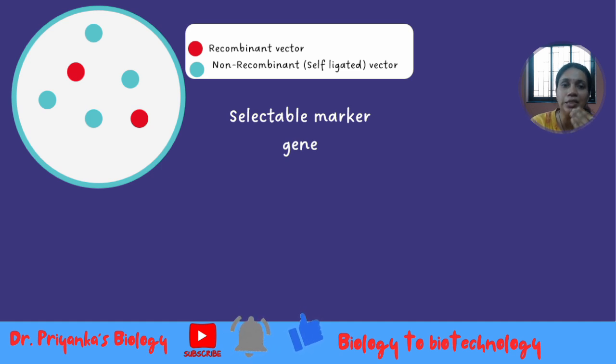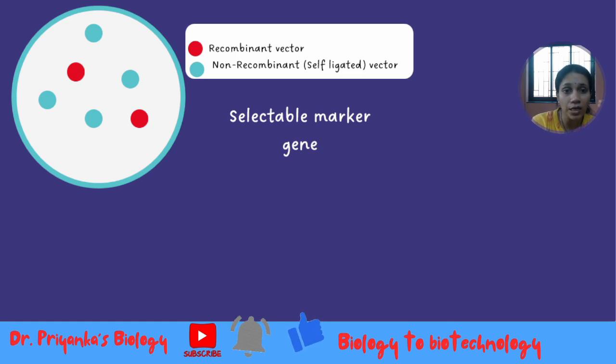Now suppose we have around 1 nanogram of plasmid. This is capable of yielding somewhere around 1000 to 10,000 transformants overall, out of which some will be recombinant whereas some will be non-recombinant.